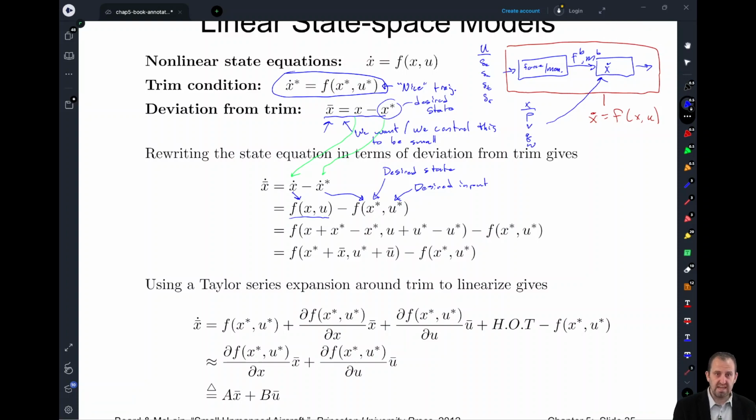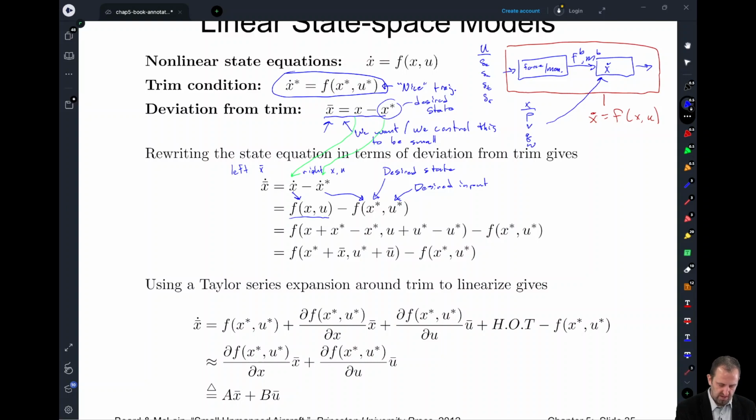All right, we haven't done anything different, but you'll notice on the left is in terms of x bar, and on the right we have x, u, and we also have our x star, u star. Well, we'll get rid of that all in one form. What we want to use is this relationship.